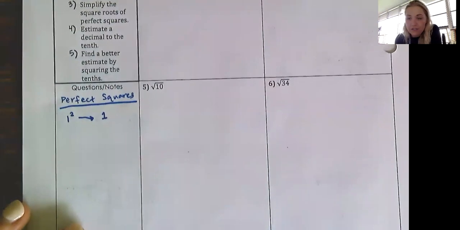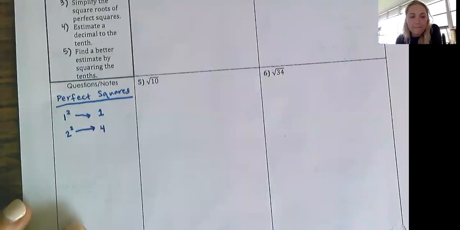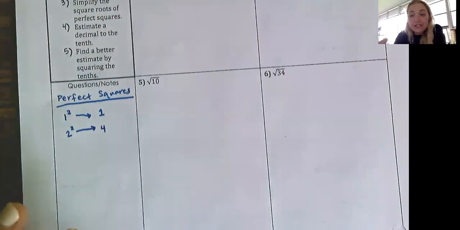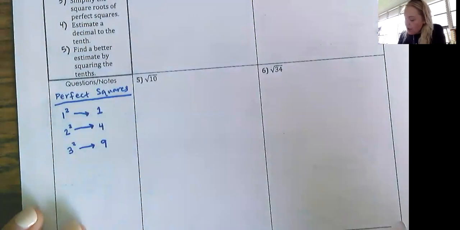Okay, our next perfect square would come from the product of 2 times 2. 2 times 2 is 4, but I'm going to write that it's 2 squared. So my perfect square is 4. Okay, 3 squared, 3 times 3, gives us the perfect square of 9. 4 squared, 4 times 4, gives us the perfect square of 16.